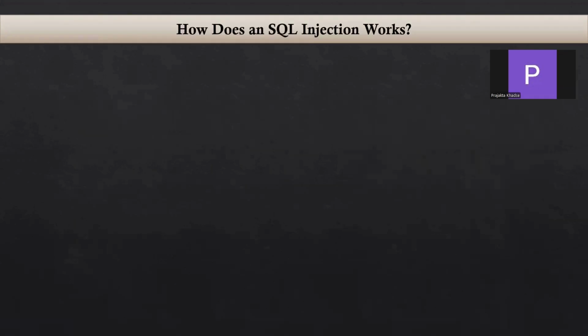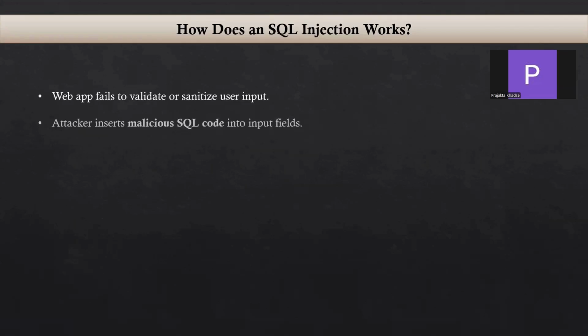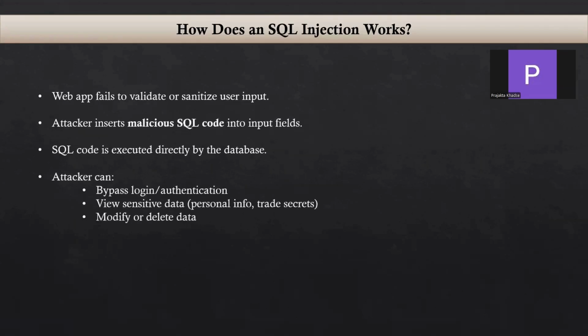Let's see how SQL injection works. If an application fails to validate or sanitize user input, the attacker inserts malicious SQL code into the input field, and the SQL code is executed directly by the database. Let's break down how it works step by step. First, the application has an input field like a login form.